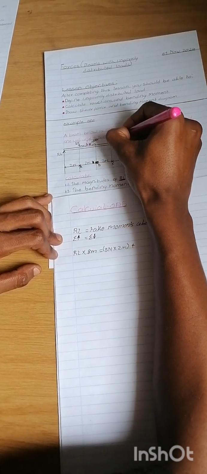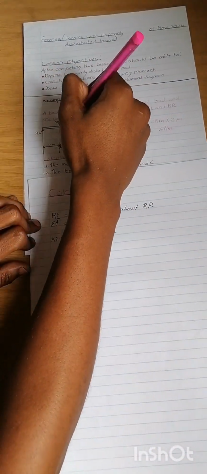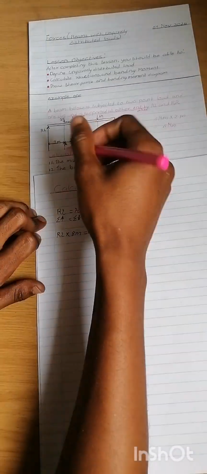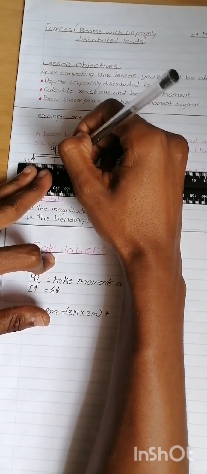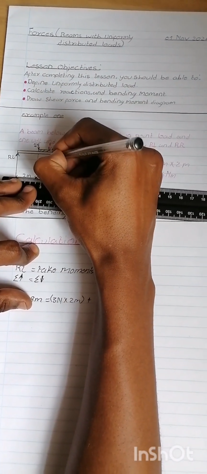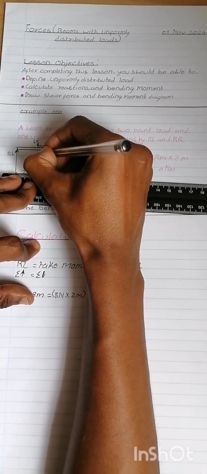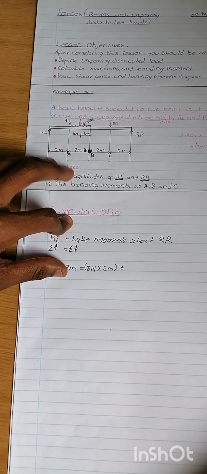Let's write it here, a 6 Newton point load. We have it right here, and remember that this will share this distance equally, so we will have 1 meter this side and also 1 meter that side.